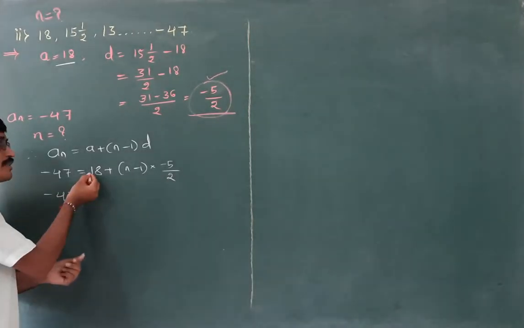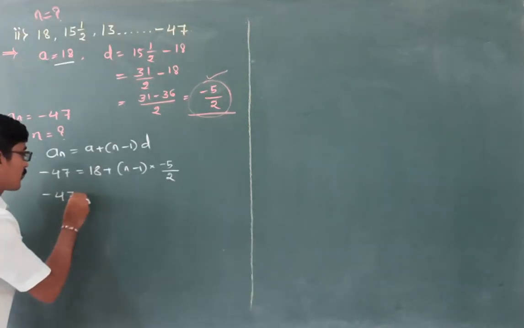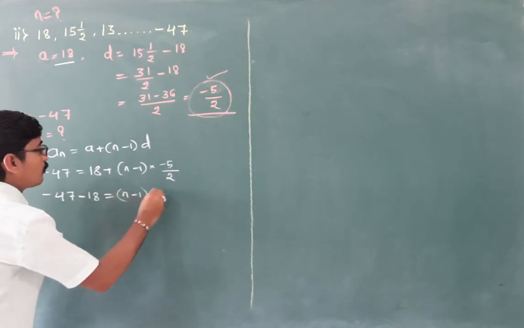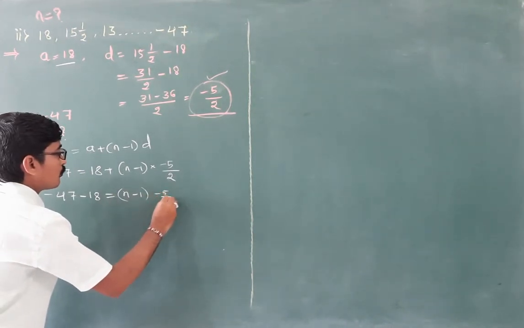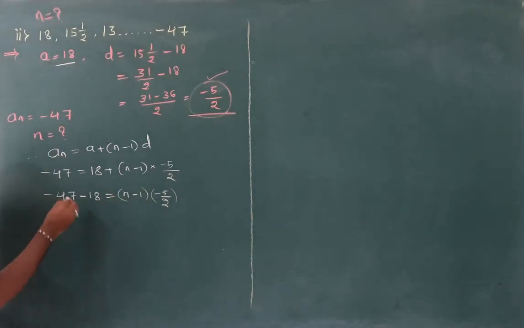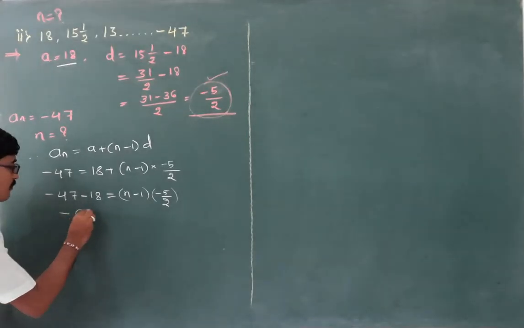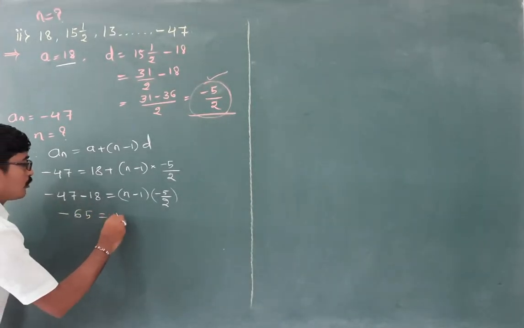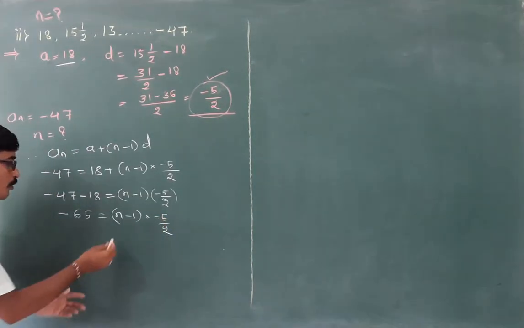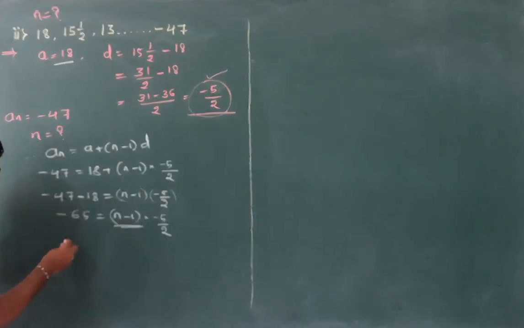Here no sign means plus. 18 comes to the LHS side, it becomes minus. Minus 18 which is equal to n minus 1 into minus 5 by 2. It is multiplication, nothing but a bracket. Minus 47 minus 18 is minus 65 which is equal to n minus 1 into minus 5 by 2. So we want only the n value, that is it. So shift this minus 5 by 2 to this side.